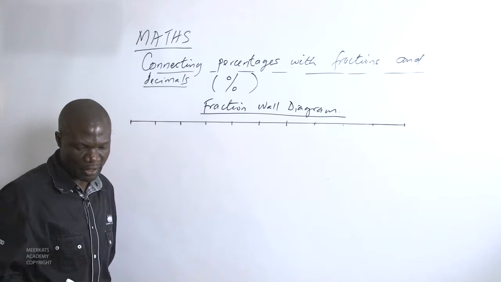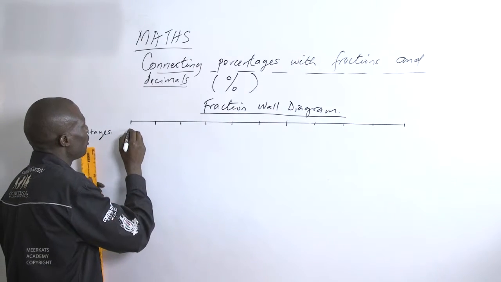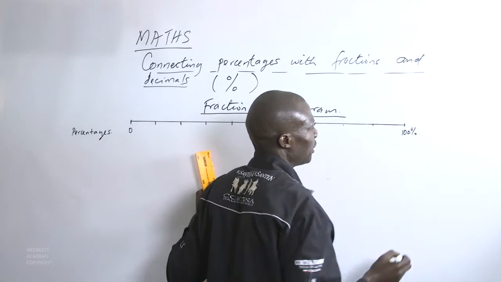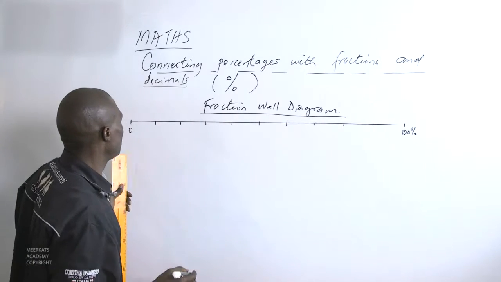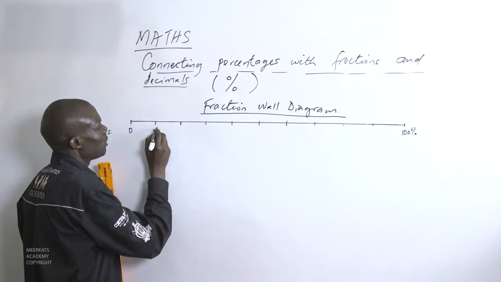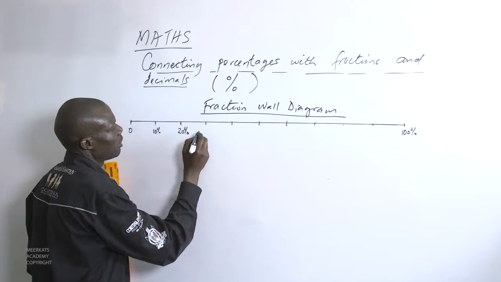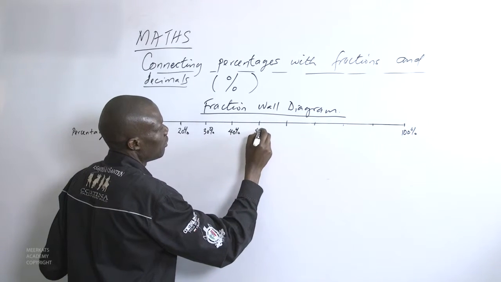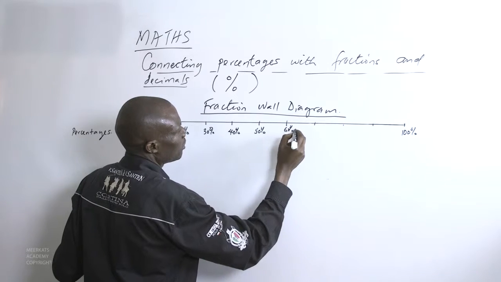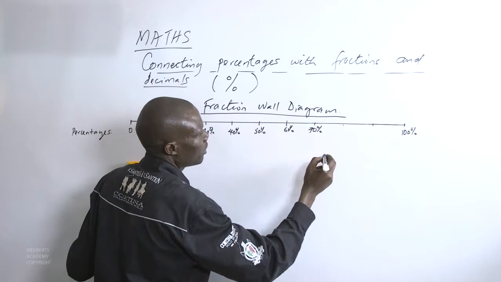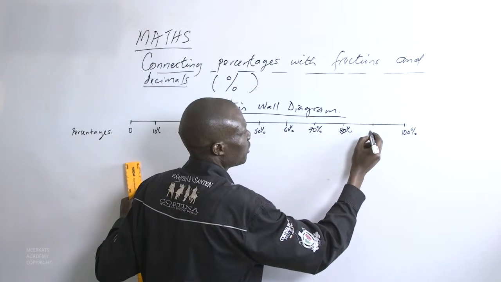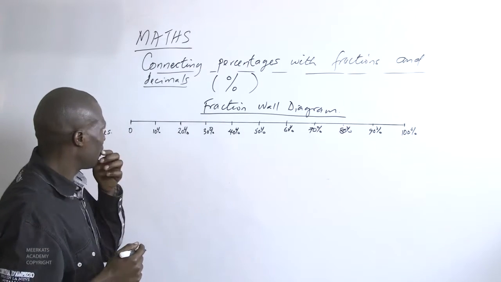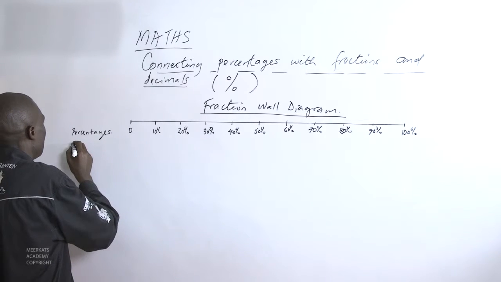It ranges from 0%, and the last one is 100%, which means the first one is 10%, 20%, 30%, 40%, 50%, 60%, 70%, 80%, 90%, and 100%.